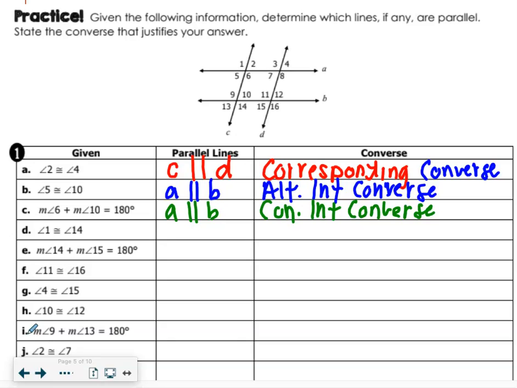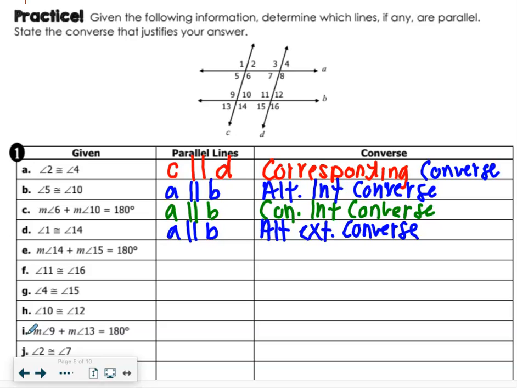Angle 1 is congruent to angle 14. We agree? Yep. Now what lines are parallel? A and B. Angle 14 plus angle 15 equals 180.